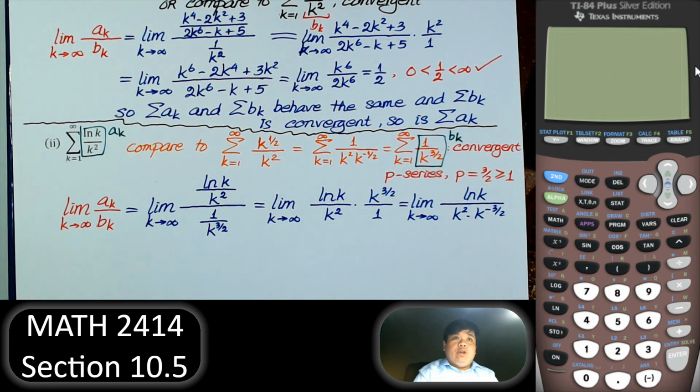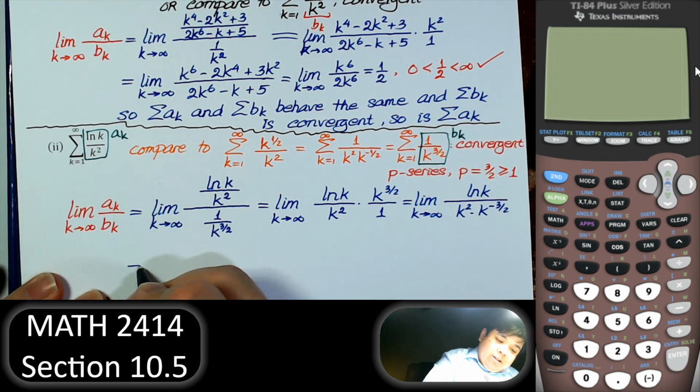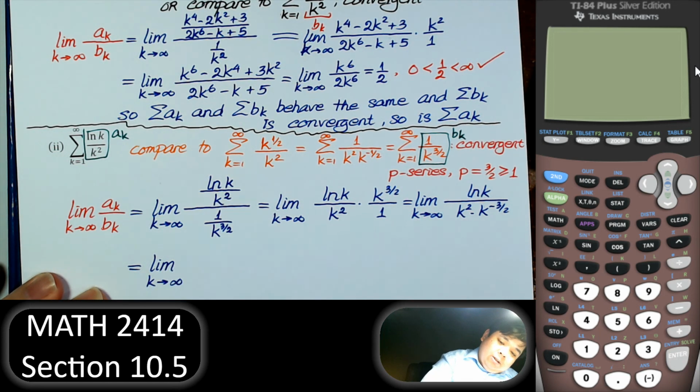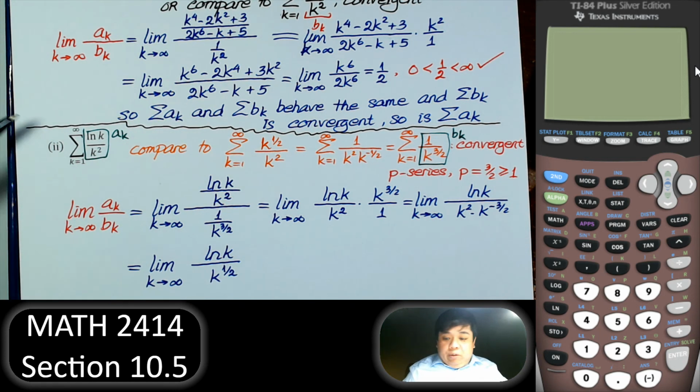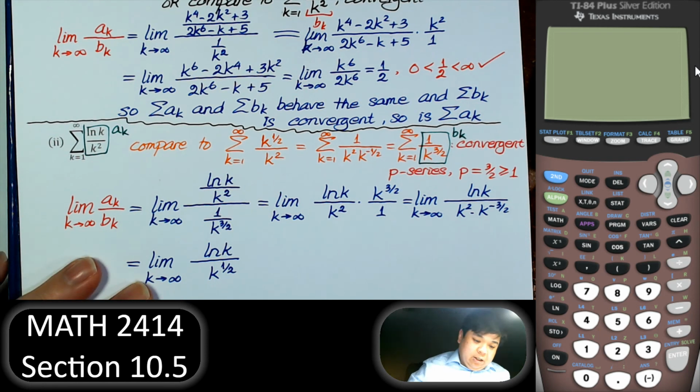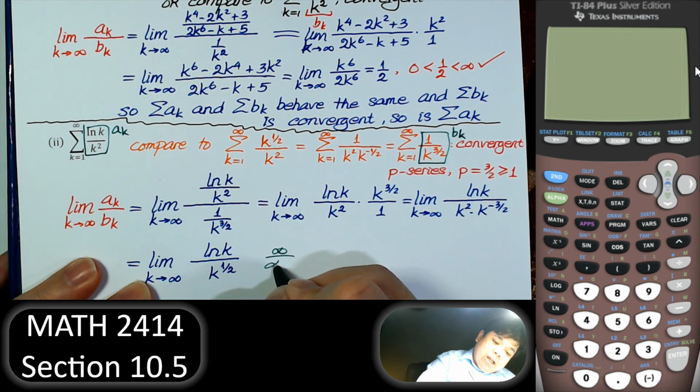And combine the powers: 2 minus 3/2 is 1/2. Right. Now put infinity in there: infinity over infinity. So this is infinity over infinity, indeterminate.